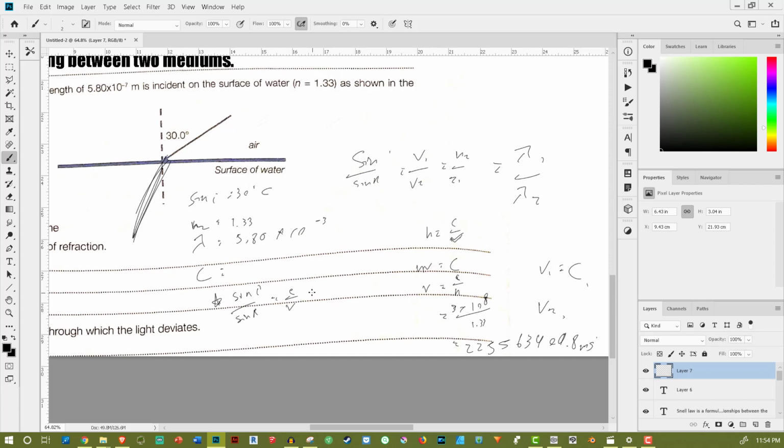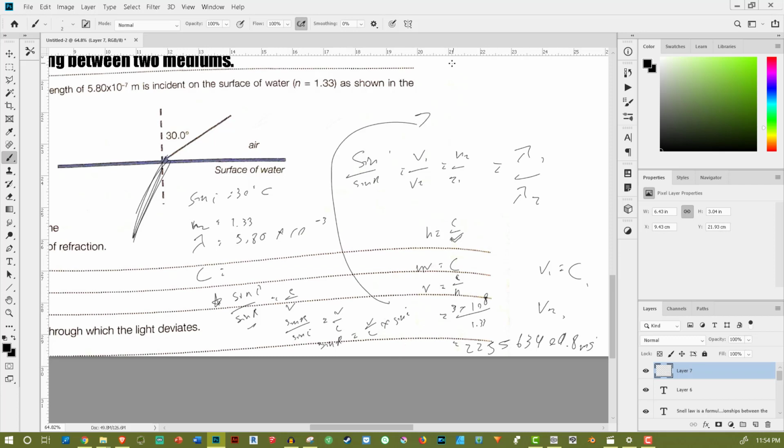Yeah, C over V. So when you find R, sin R over sin alpha equals V over C. Sin R equals V over C times sin I.